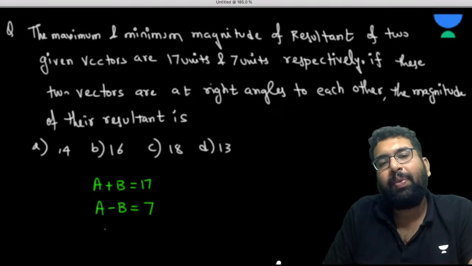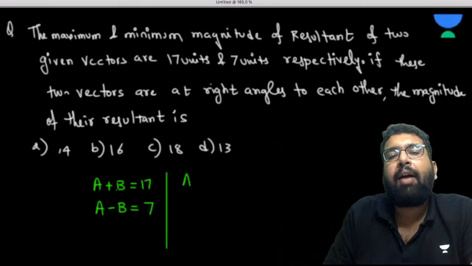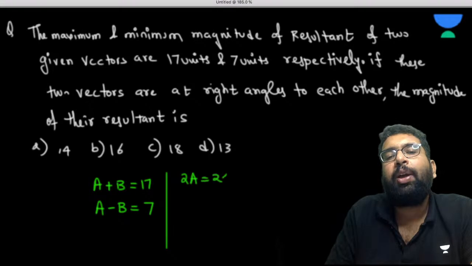Okay. So from here, what can we do? These two equations are there, so I can solve them. When I solve them, I'll have to add these two equations. So 2A will become 24, A is going to become 12. Now A becomes 12, so B becomes how much? B becomes 5.